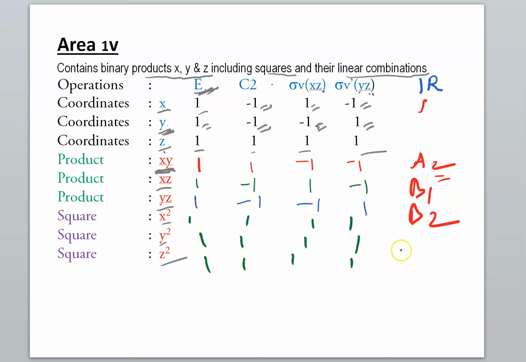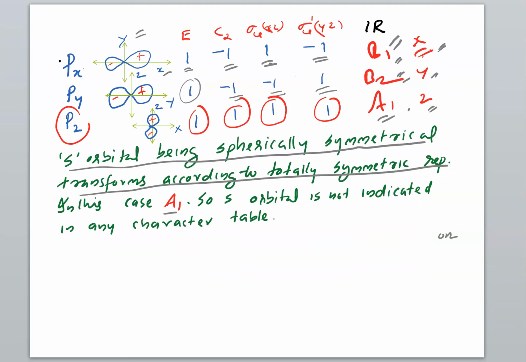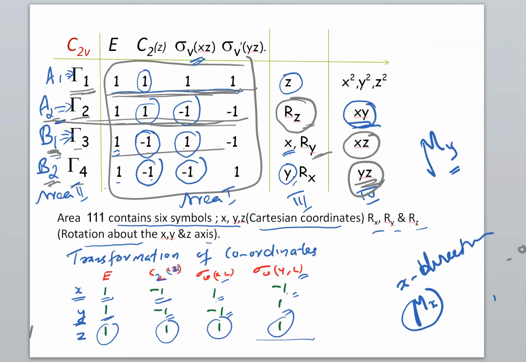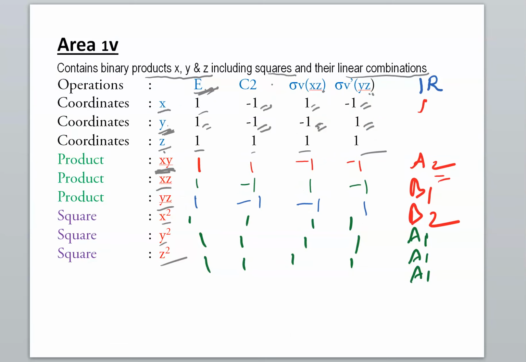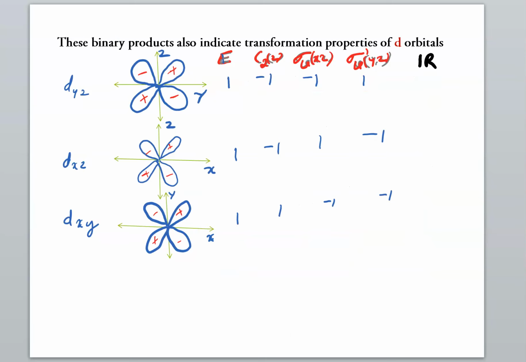Therefore, all these are the A1 IR. So x squared, y squared, and z squared transform as A1. You can see here in the character table, x squared, y squared, z squared transform as A1. Clear. And these are also the transformation properties of the d orbitals.